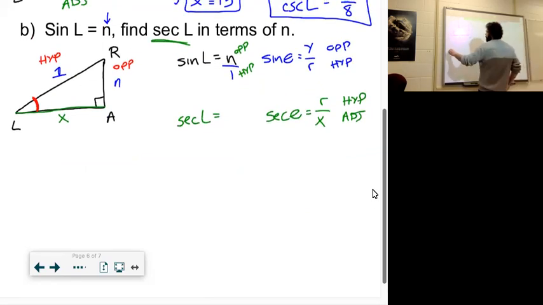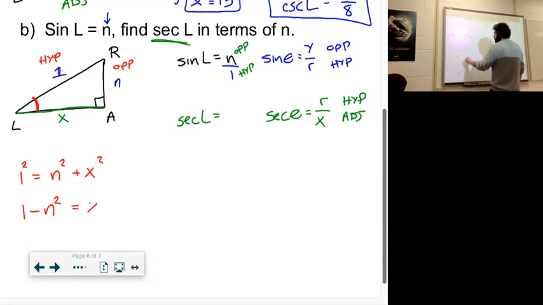So that'll leave me with 1 squared is equal to n squared plus x squared. We're going to solve this for x. So I'm going to subtract n squared from both sides. 1 squared is 1. So that gives us 1 minus n squared equals x squared. And then I'm going to take the square root of both sides to isolate x. Don't worry about plus or minus at this point.